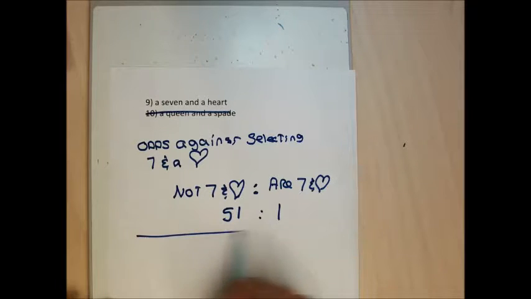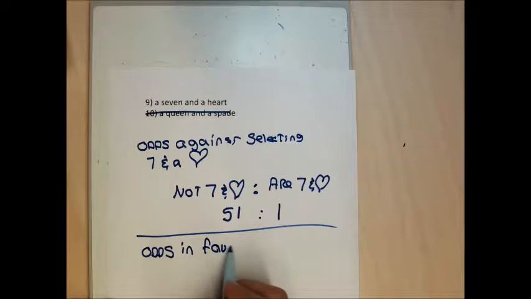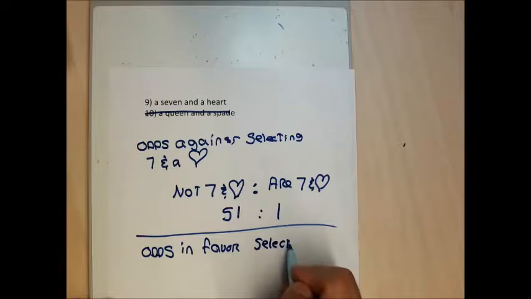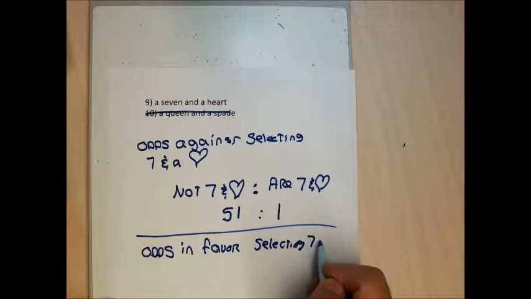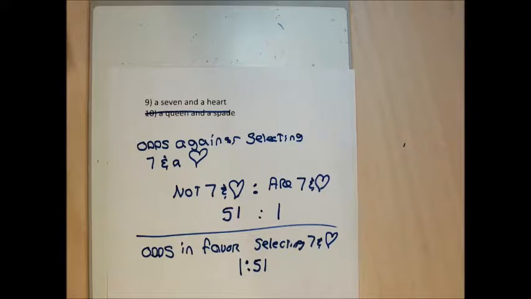And then, super simple to do the odds in favor. The odds in favor of selecting a 7 and a heart is just going to be 1:51, because they're always the reverse of each other. If you know one, you can flip it to get the other.